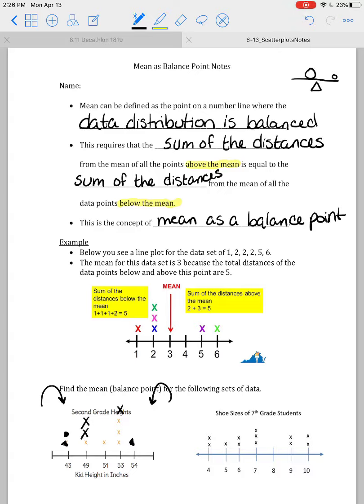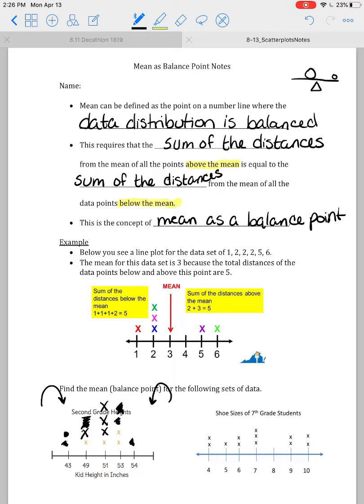On the right, there's no more X's on 54, so we move to 53. I'm going to remove an X and move it towards the middle. I go back to the left. We're out of X's on 43, so we move to 49. We cross out an X and move it to the middle. Go back to the right. 53 is on the outside, so we cross out an X and move it to the middle.